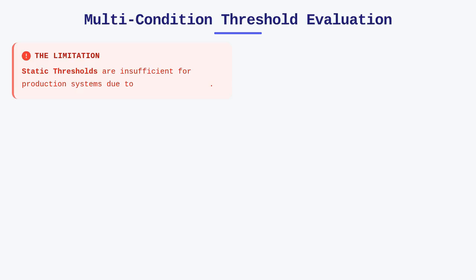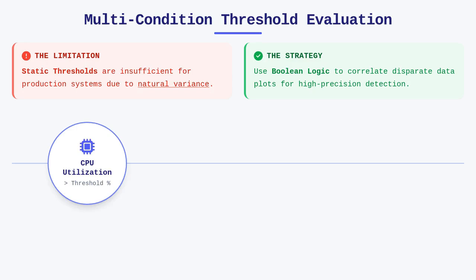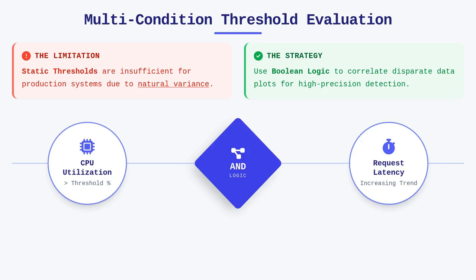Once you have identified the primary signal, the capability to build multi-condition threshold evaluation matrices becomes crucial for complex monitoring scenarios. A simple static threshold is rarely sufficient for production systems that exhibit natural variance, so we employ Boolean logic to correlate disparate data plots. For instance, you might want to trigger an alert only if CPU utilization exceeds a specific percentage while simultaneously detecting an increase in request latency.